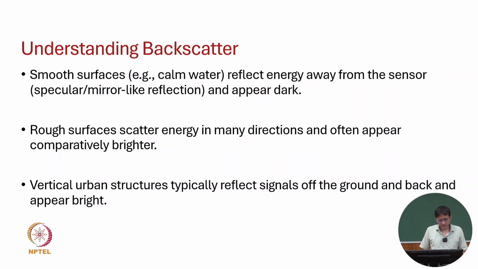So often, if our task is to just detect such calm water, we can simply put a threshold and detect. Rough surfaces scatter energy in many directions and often appear comparatively brighter.